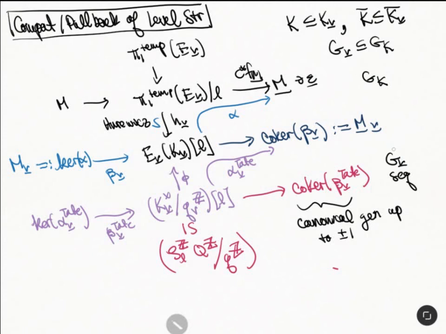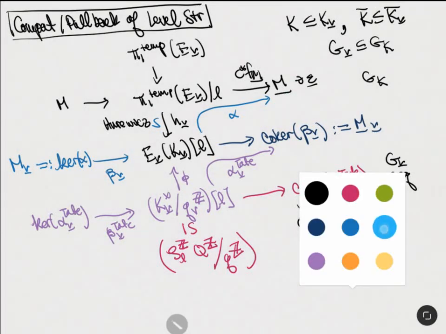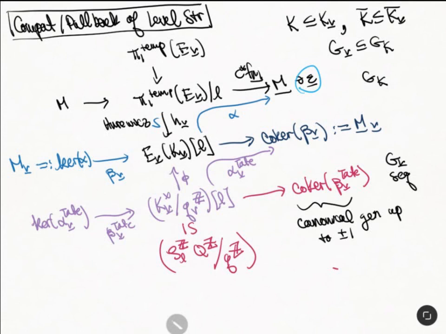There's a map from here to here, and we want this induced map to be an equivariant map of modules. In particular, the compatibility requirement is that this generator here maps to a canonical generator here up to plus or minus 1. So you define this thing up to plus or minus 1.